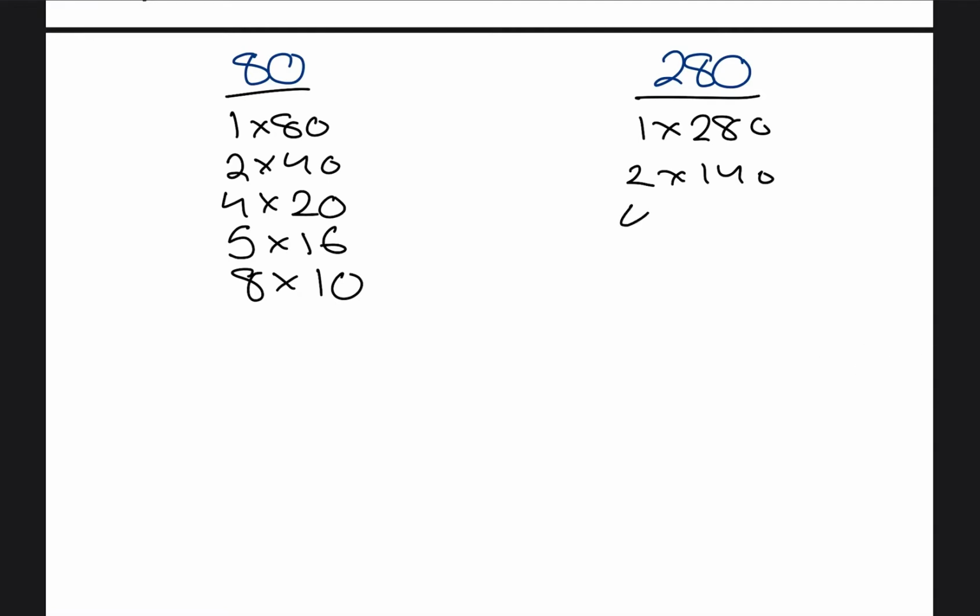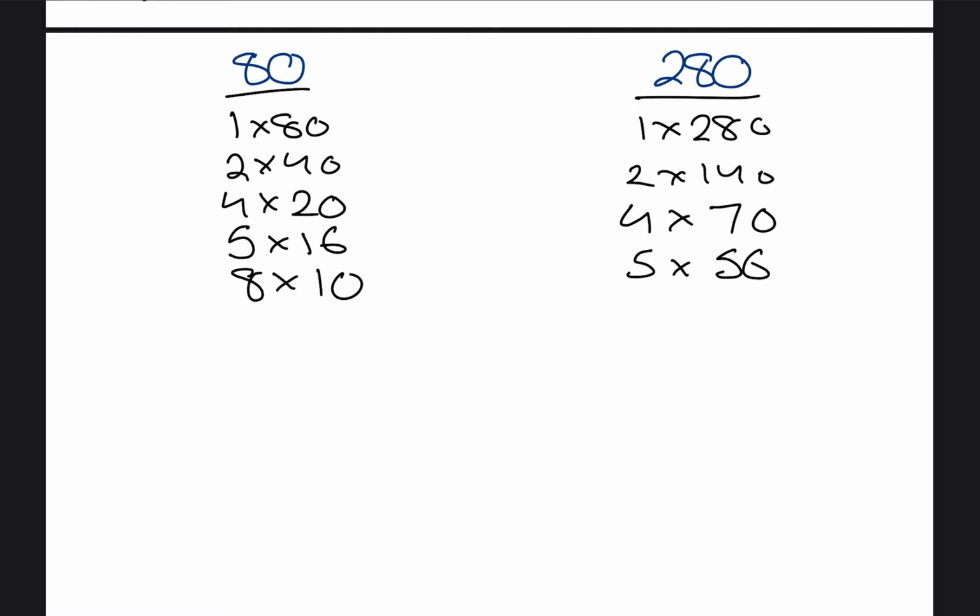Right, 4 times table, 4 times 70. 5 times table, yes it does, because 280 is a multiple of 10, so therefore it has to be in the 5 times table. 5 times 56. Does it go into the 6 times table?